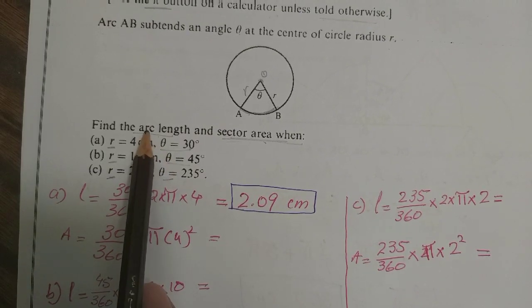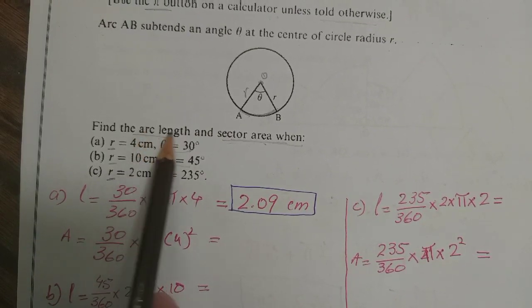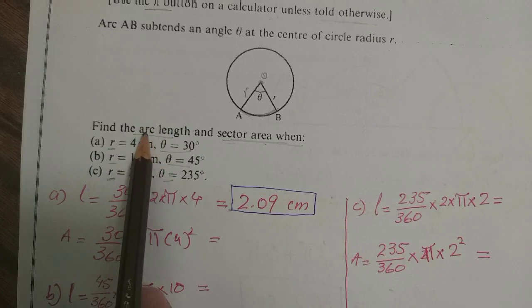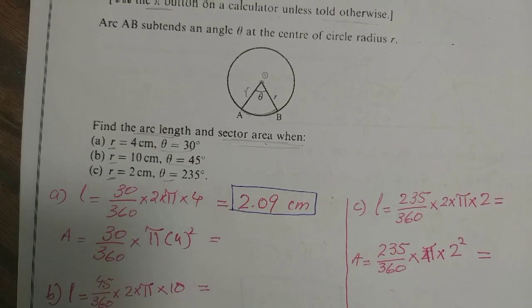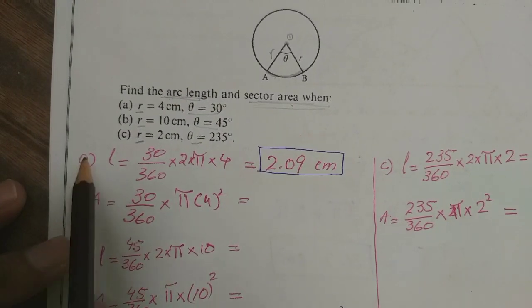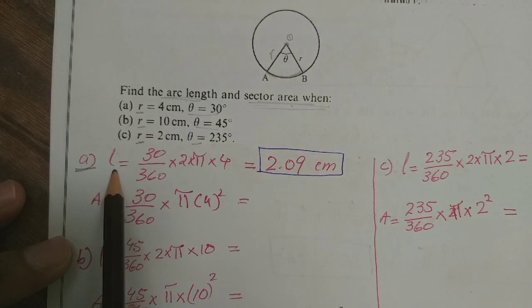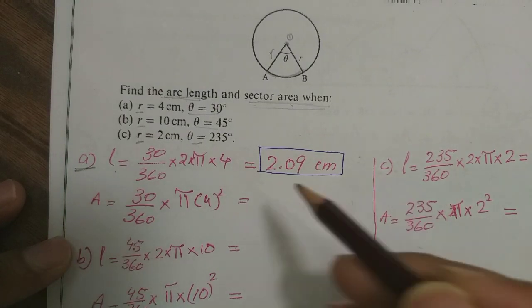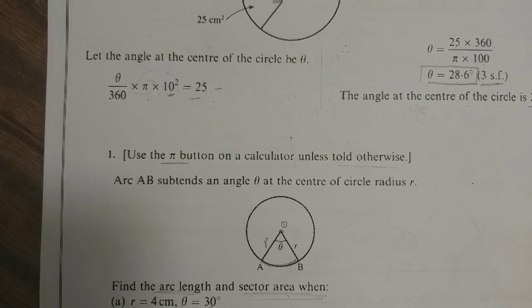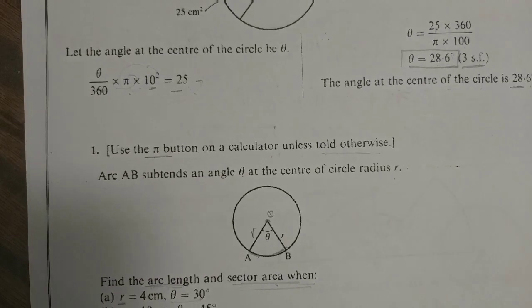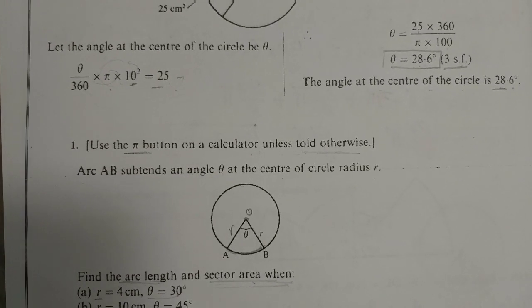It is the same as examples 1 and 2 we did already: arc length and sector area. For the first part, the length, what is the formula? Again, I'm writing the formula. Please remember the formula, then you can easily find the solution.